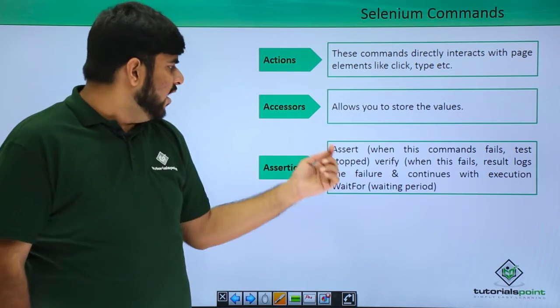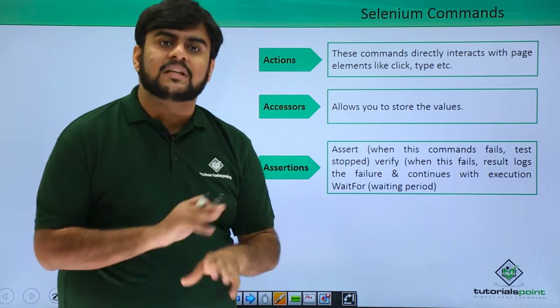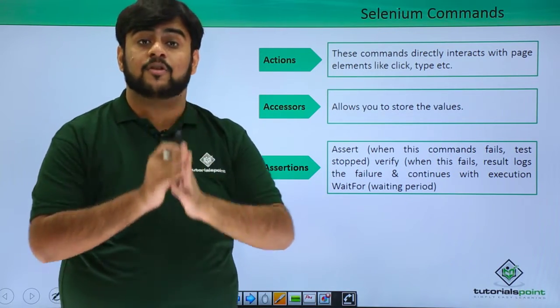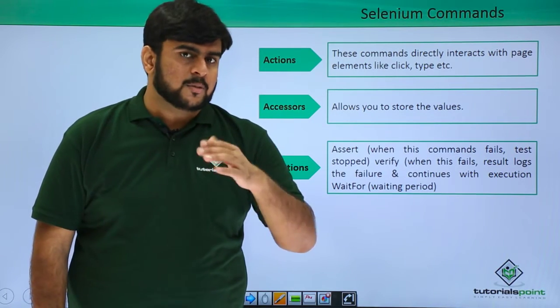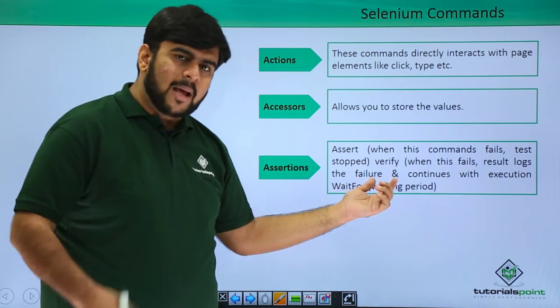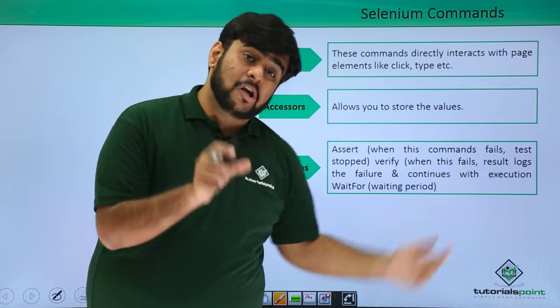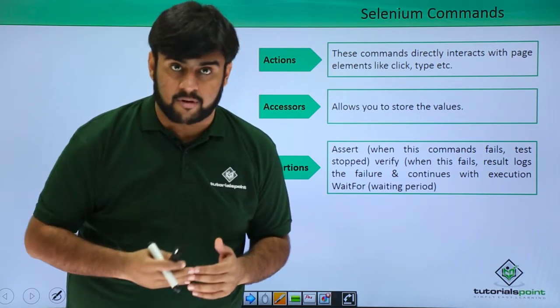So in assert, when this command fails, the test is stopped. There is no further execution available for the test. But if I say I want to verify if the button is visible or not, then the test would log a failure but would continue with the execution process.